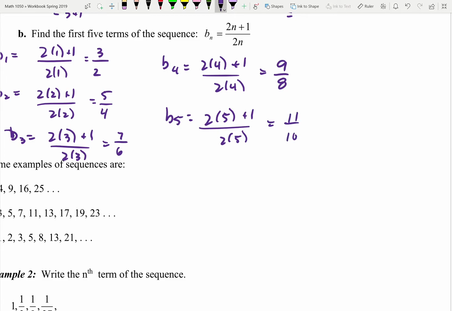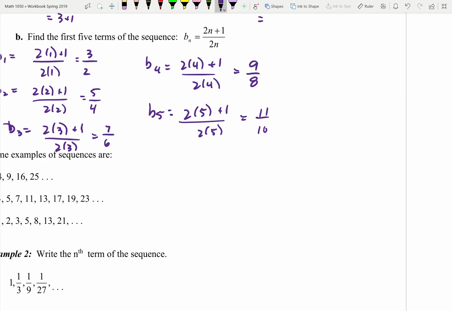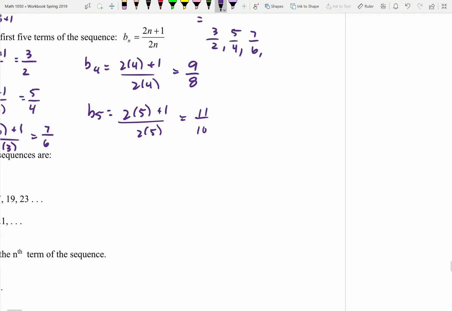Now, I think since they wanted you to write it as a sequence, we should probably write it like this. 3 halves, comma, 5 fourths, comma, 7 sixths, comma, 9 eighths, comma, 11 tenths. Okay? That's how I think you should probably write that. So there's your answer, and we're done.